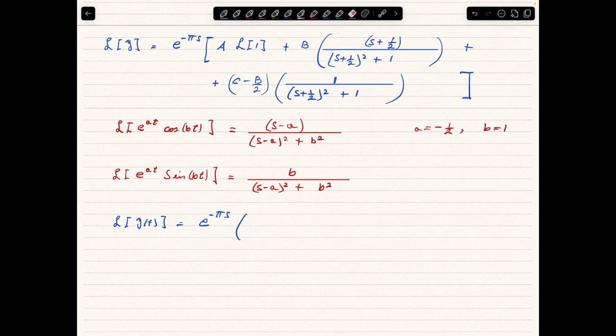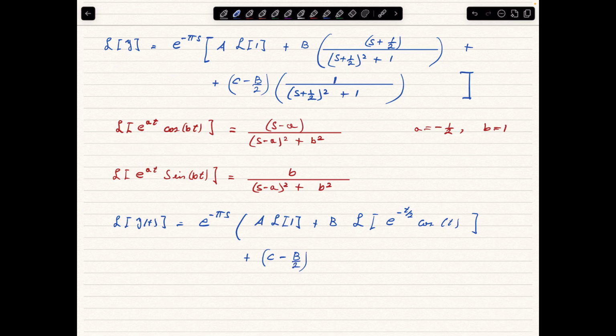We have a multiplying the Laplace transform of 1, then we have plus b, and this is a Laplace transform now of exponential, b is 1 and a is negative 1/2, so negative t over 2, cosine of t, plus this constant c minus b over 2.